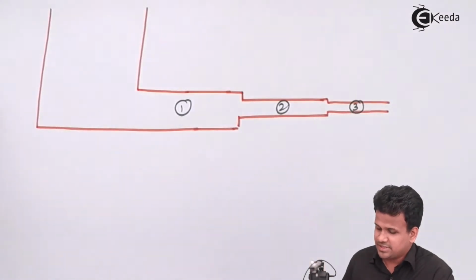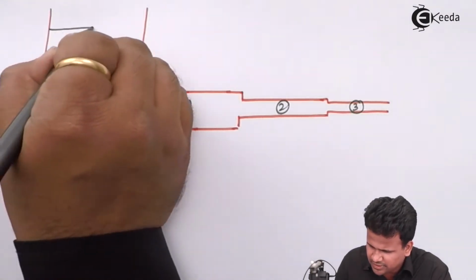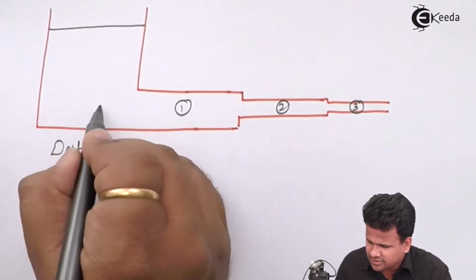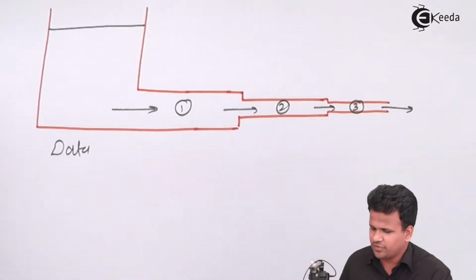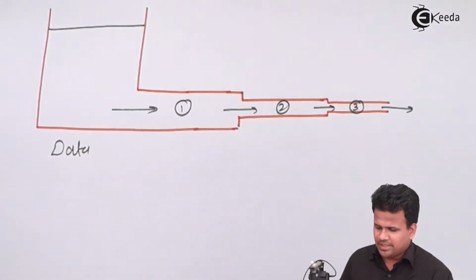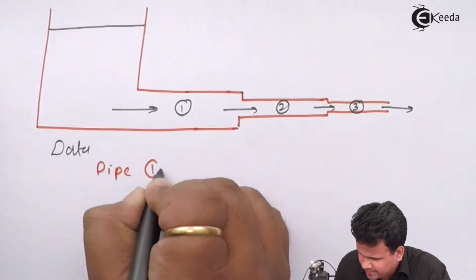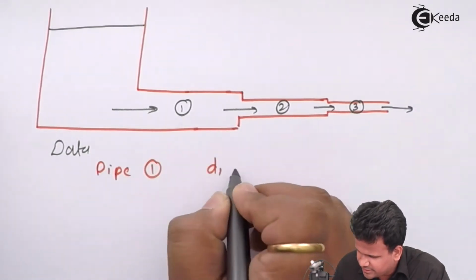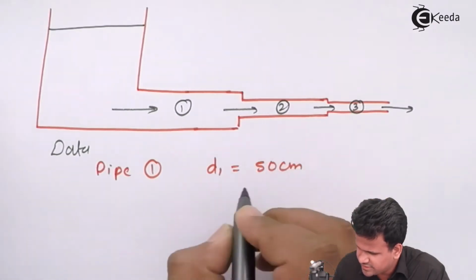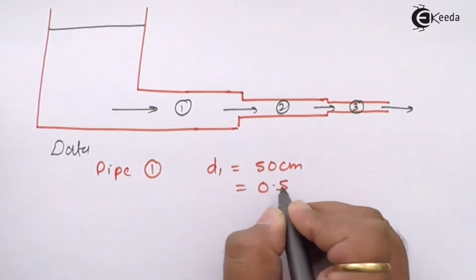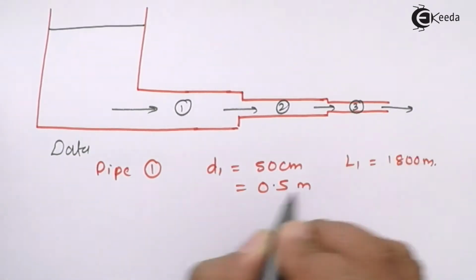Let us write down the data here. This will be the level in the reservoir. The fluid will flow through all three pipes and escape from pipe 3. For pipe 1, diameter d1 is equal to 50 centimeters, which is 0.5 meters, and L1 is 1800 meters.